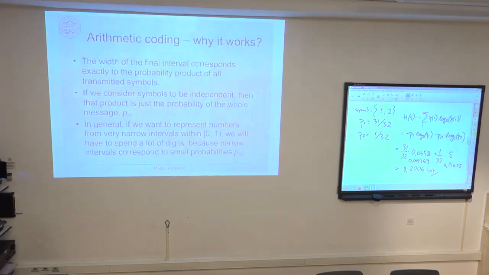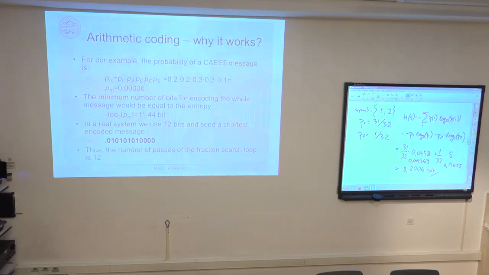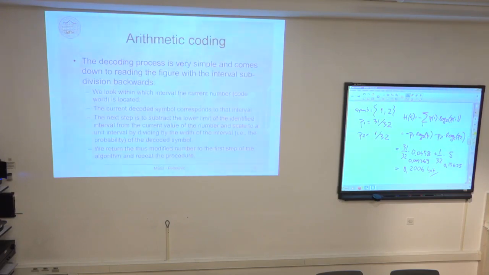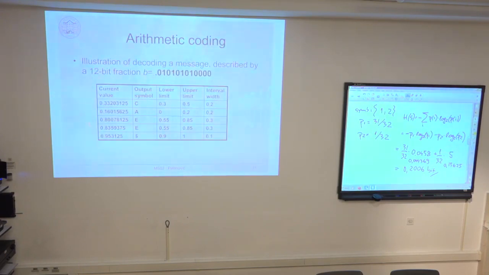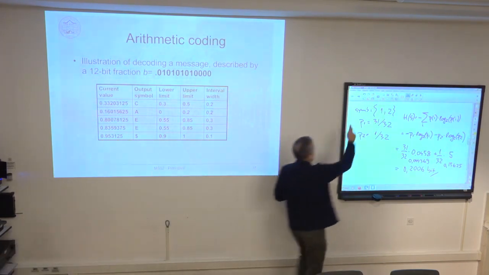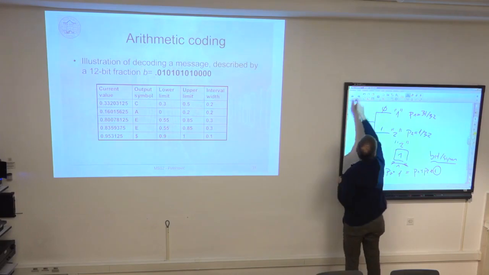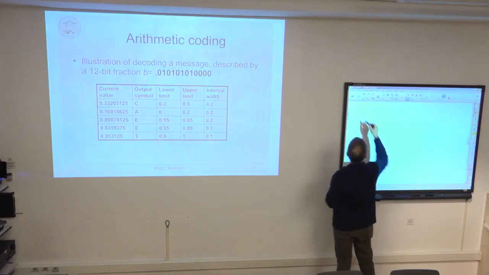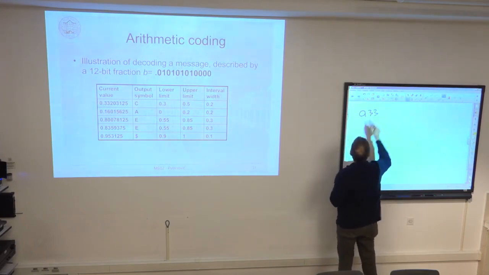This particular value will be, let me check, 0.33203125. I'll write 0.33203125 on the whiteboard as a reminder of where we start.